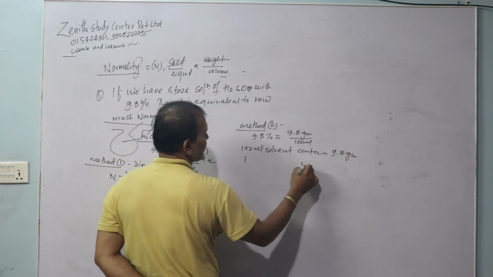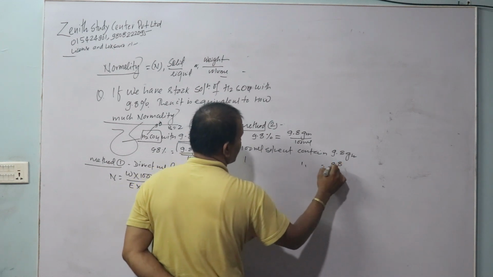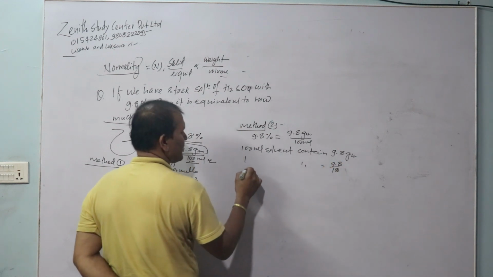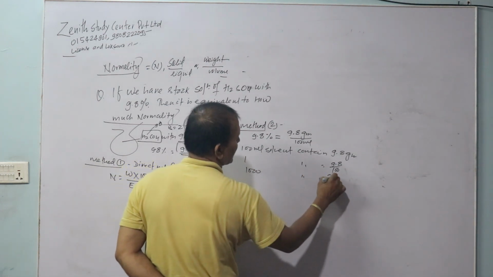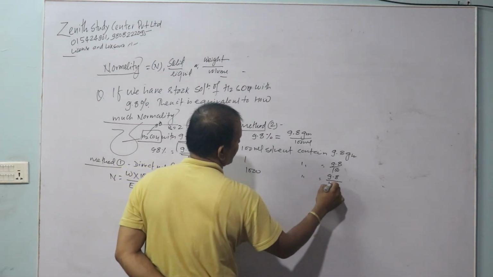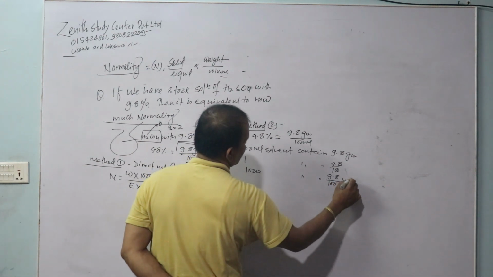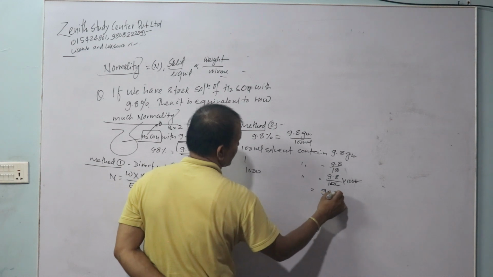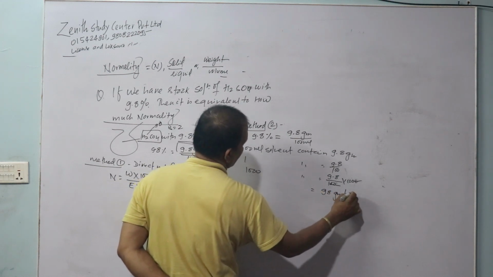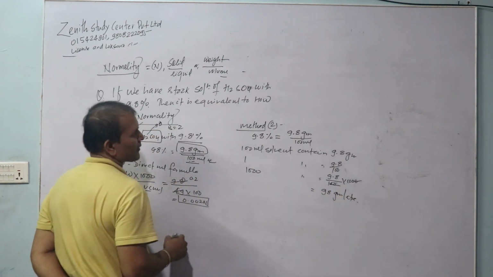So 1 ml contains 9.8 by 100. Then 1000 ml contains 9.8 by 100 into 1000, 98 gram per liter. It converts to gram per liter.